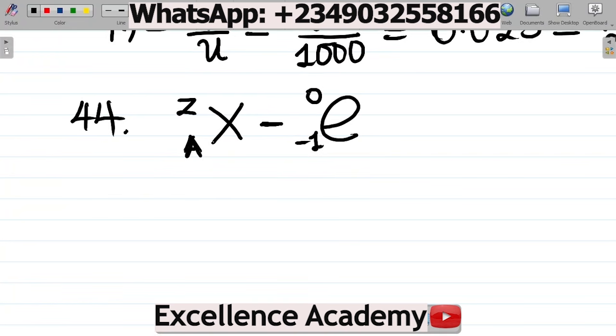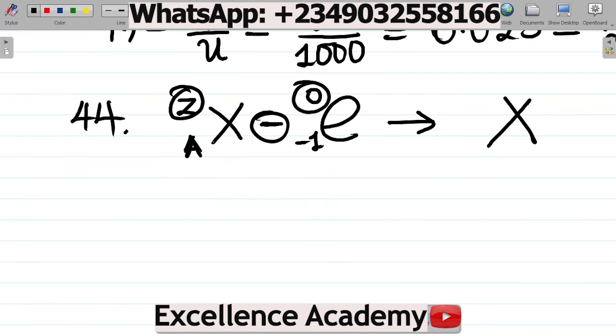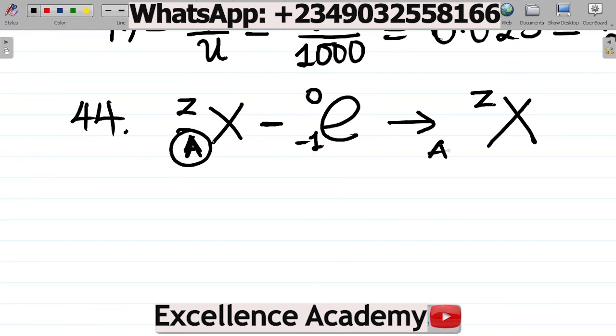Now, what's your final result here? Your final result here is that you have the same atom, X. You have Z minus 0. Of course, anything minus 0 is that thing, so it becomes Z. Again, here you have A, minus minus. Minus minus gives you plus, so it becomes A plus 1.